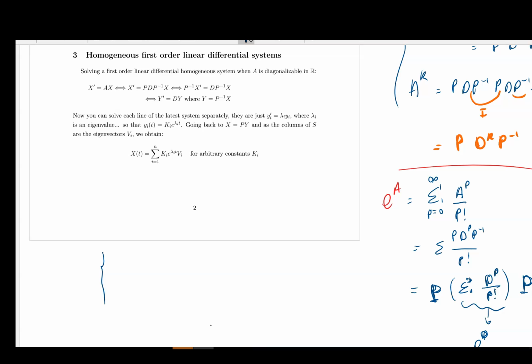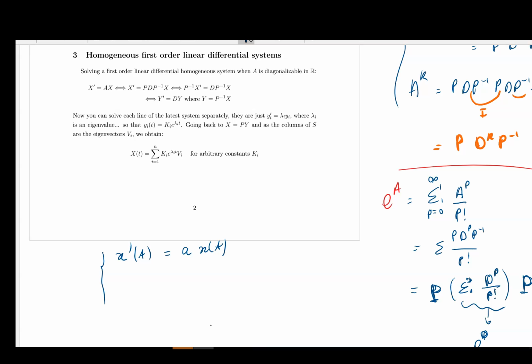It's something like x prime of t equals, let's say, a times x of t. That's homogeneous because I don't add any source term. If I added some f of t, that would be a source term. So I don't have anything. I only have terms depending on my unknown function x. And it's linear with constant coefficients.